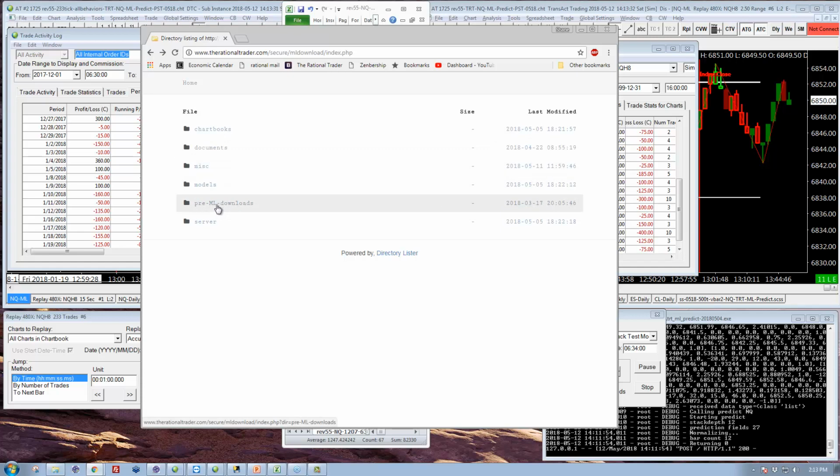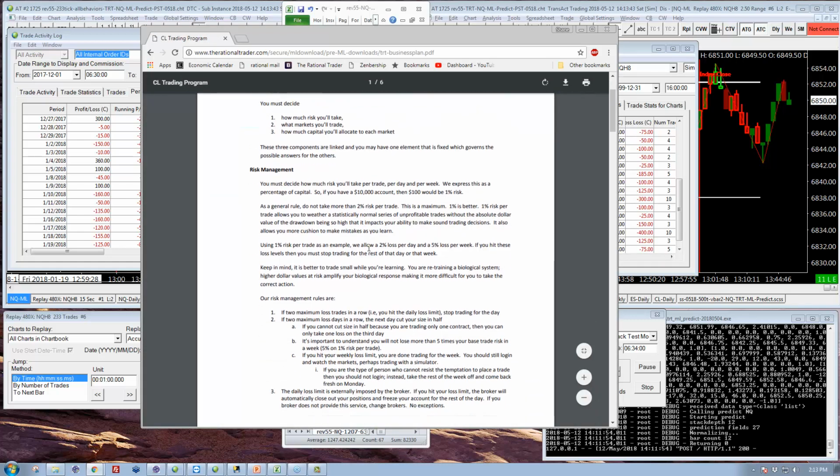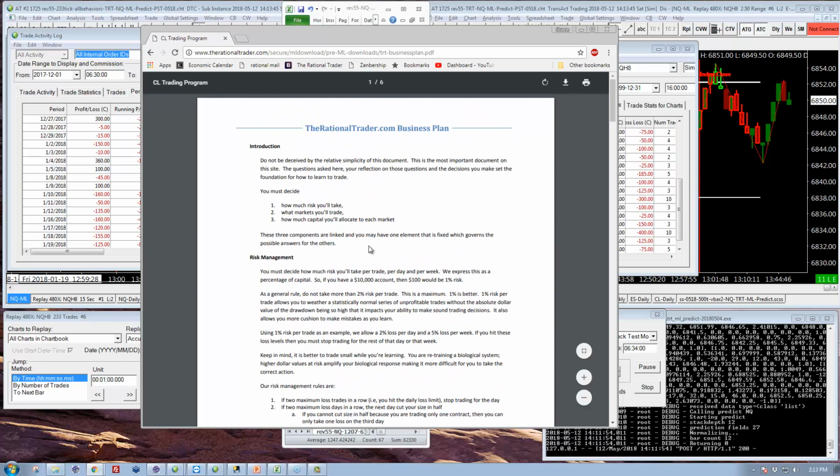So there's a bunch of downloads for prior to the machine learning system coming online. But there's one thing in here that is actually really useful, which is the business plan. And I'm concerned that I haven't emphasized this enough with people that are newer to the Rational Trader and haven't had this sort of drummed into them over the years.